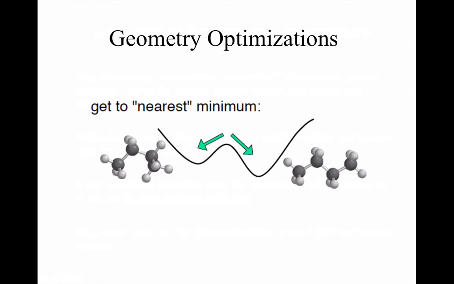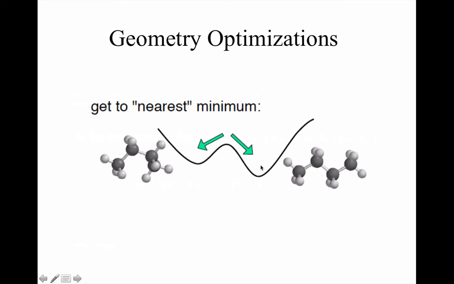When we do geometry optimizations, and especially when we do the first order geometry optimizations, these methods will always take us to the nearest minimum. So if we start out on this simple potential energy surface at this point here, then when we do the energy minimization, the method will take us to this point here. But if we start out here, then the method will take us to this point here.